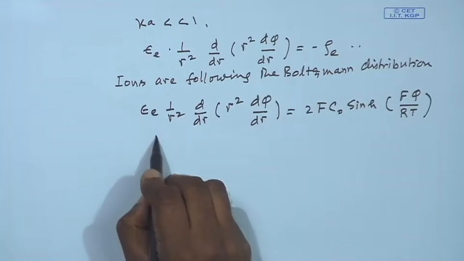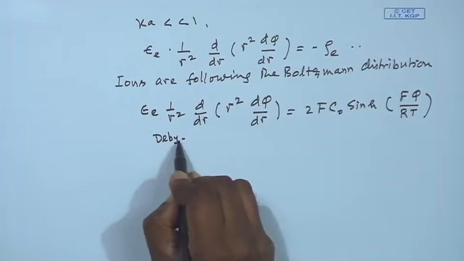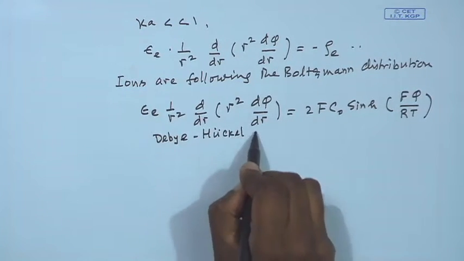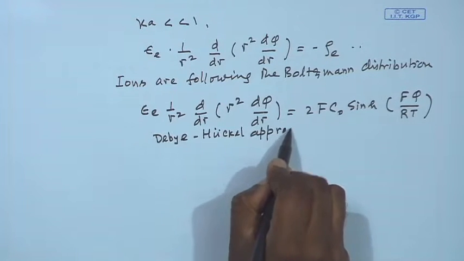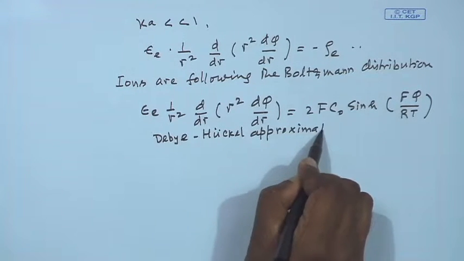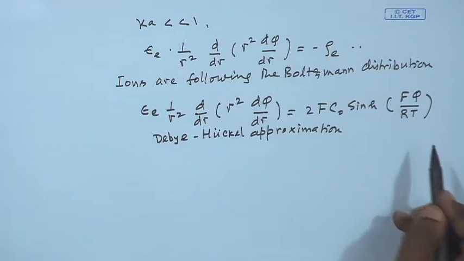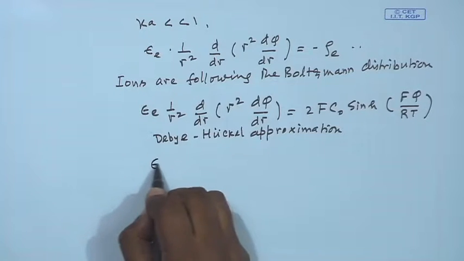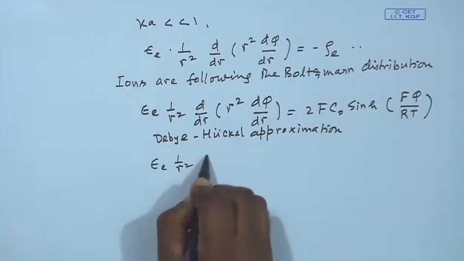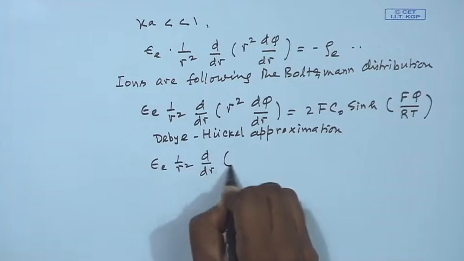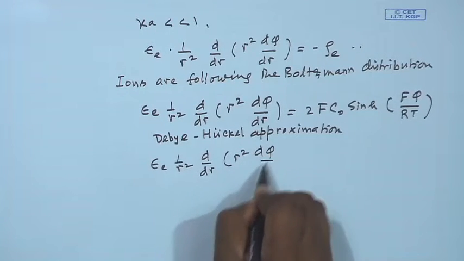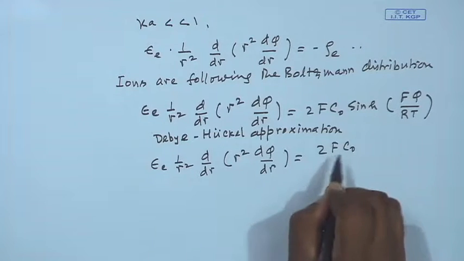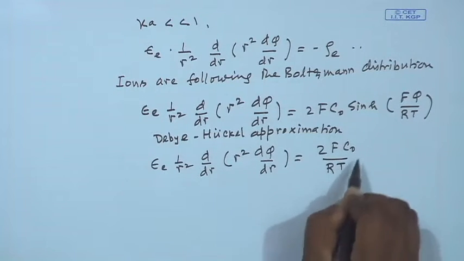Now, if I apply the Debye-Huckel approximation, that means this nonlinear equation is linearized. This can be written as epsilon e 1 by r square d dr of r square d phi dr equal to 2 F square c 0 by R T phi.